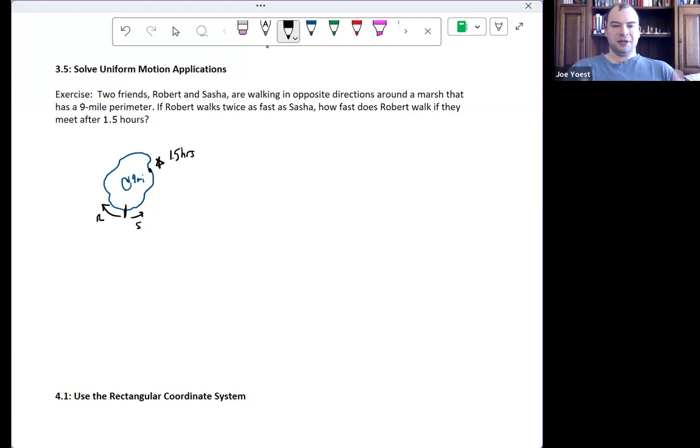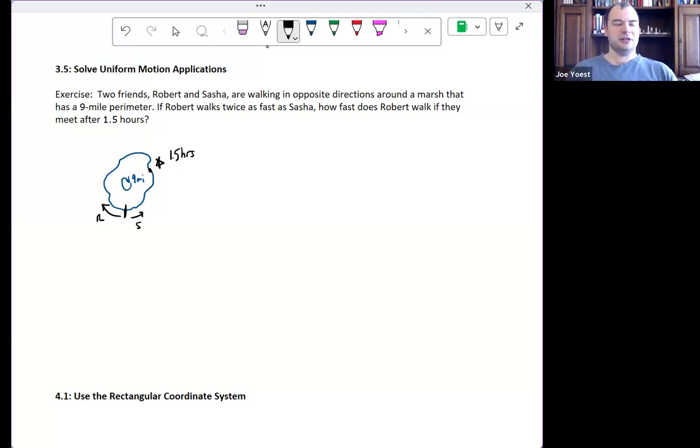Now, so we have kind of a picture, a drawing. Can we make a more abstract schematic? I think if you see this schematic, it's going to trigger something. You're going to say, oh, wait, yeah, I saw how to do this before. Robert and Sasha are starting from the same point, but they're going in opposite directions. There's little difference mathematically between this setup and if they started at two different points, say two ends of a road 9 miles apart, and walked straight toward each other.